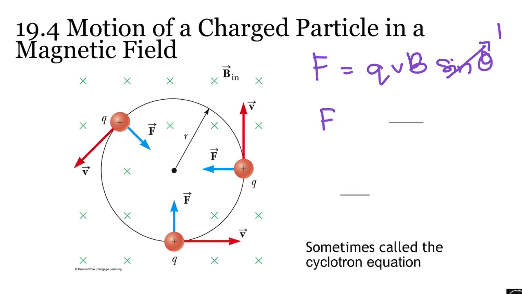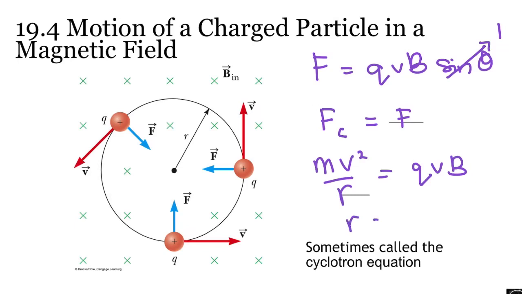The force here is also a kind of circular motion because the path taken by the charge now is circular. So this F is also FC, equivalent to F magnetic. What is FC? mv squared over r, equivalent to QVB. So from here, you get R equivalent to MV over QB.